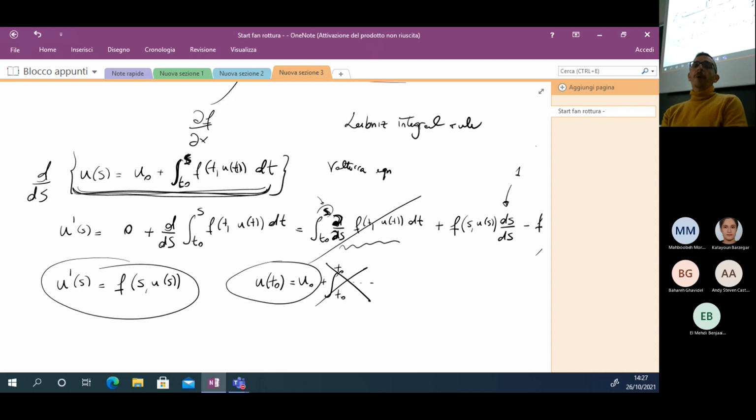And if you go back in your notebook, you will see that this is exactly the problem from which we started yesterday, the first order initial value problem that we proved to be equivalent to the Voltaire integral equation.